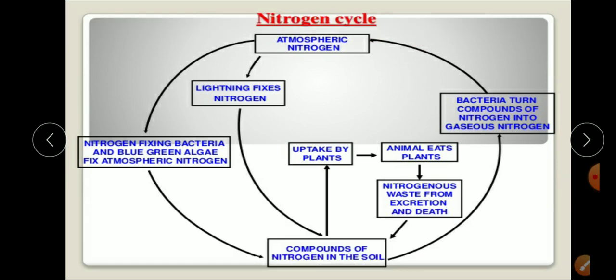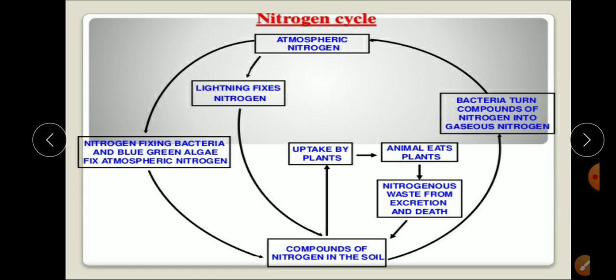Then what happens here, the nitrogen is used for the synthesis of plant proteins and other compounds. Here animals feeding on plants get these proteins and other nitrogen compounds. Understood?